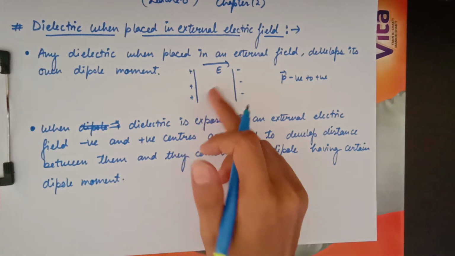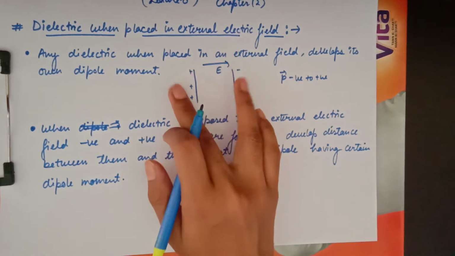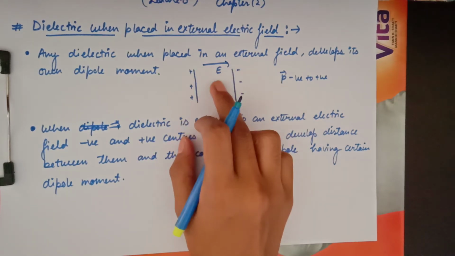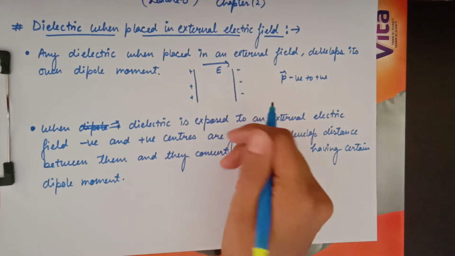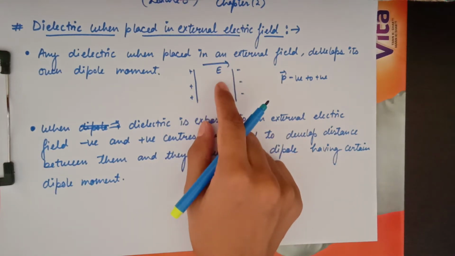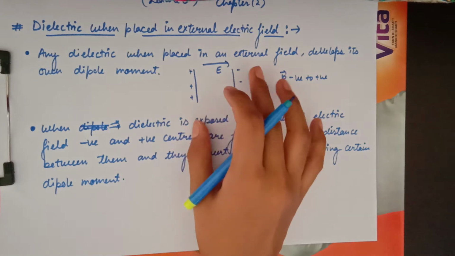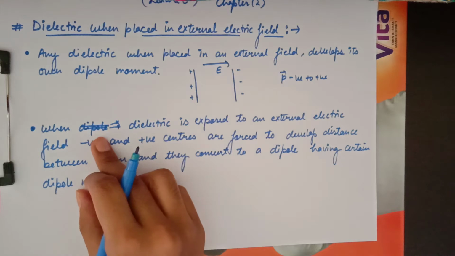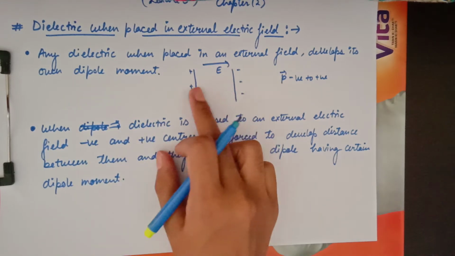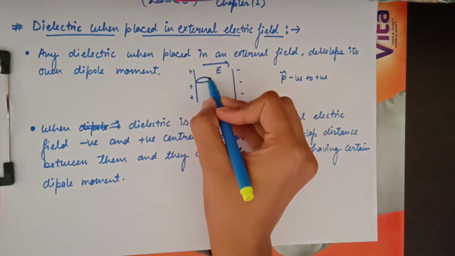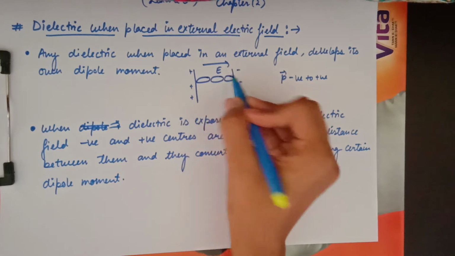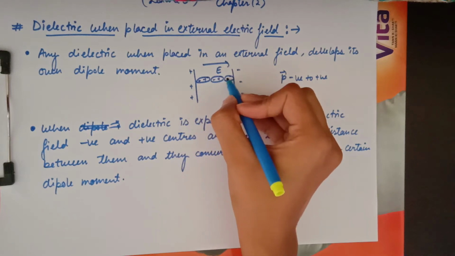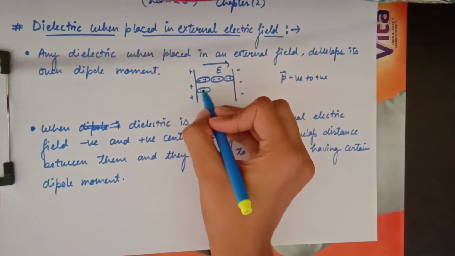Means when you place a dielectric between the two plates of a charged conductor, or in any external electric field, then in each molecule of the dielectric the positive center and negative center will separate. It will become like this. Negative and positive centers will get displaced, and this will be the polarization.